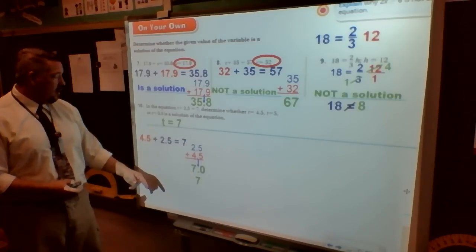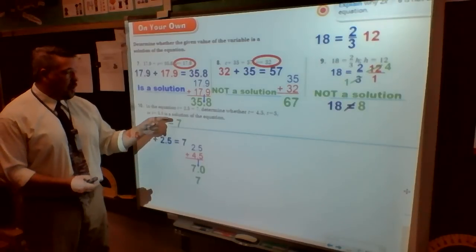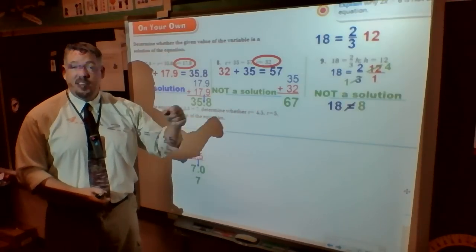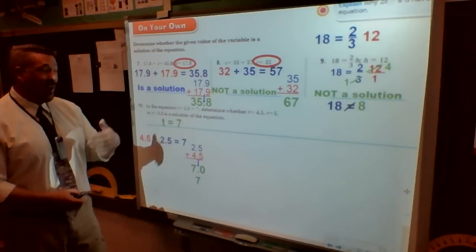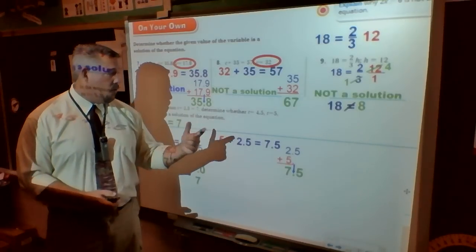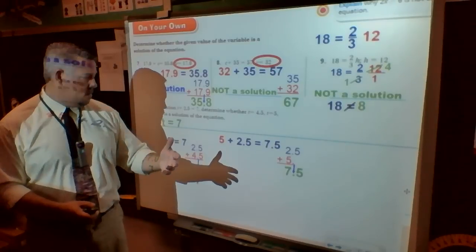It is 7. That tells me it's going to be 7. So if it needs to be equal to 7, then I know that 4.5 does indeed work. That one is a solution. Now I got to check my other 2. So 1 point there, and I got what my answer was, which is 4.5. Now I got to get my other 2 points.